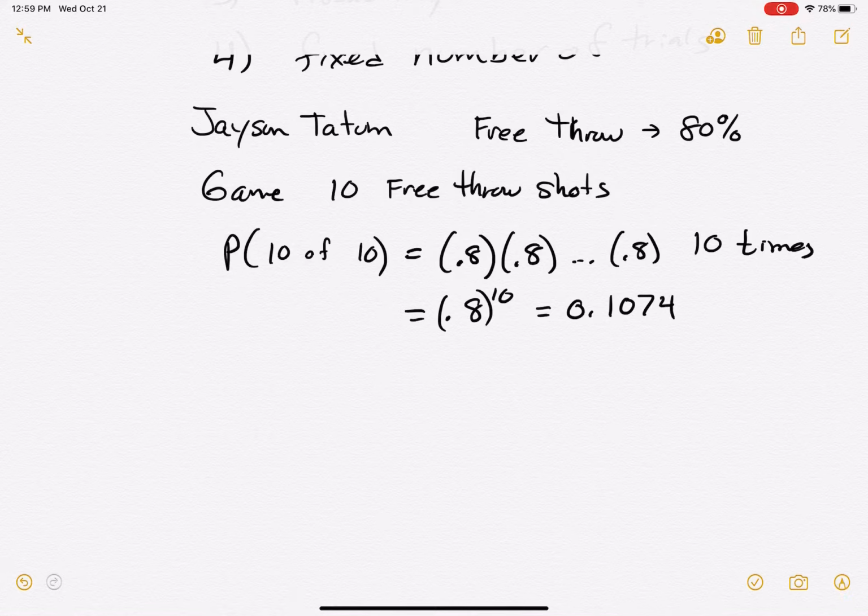So he has about an 11% chance of making 10 of 10. You all with me on that? That makes sense, right?